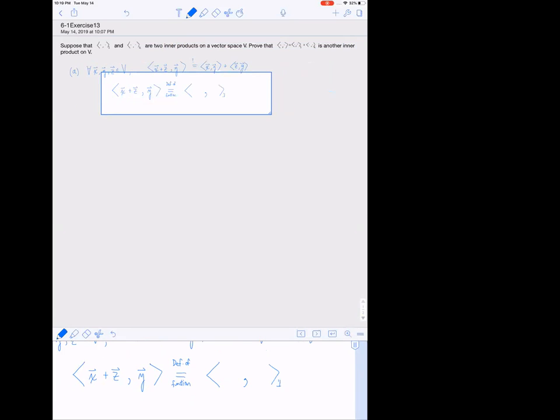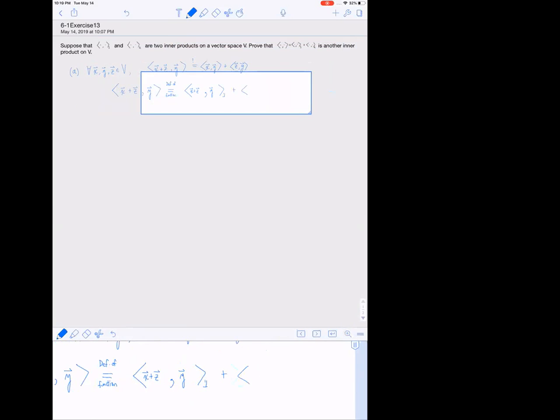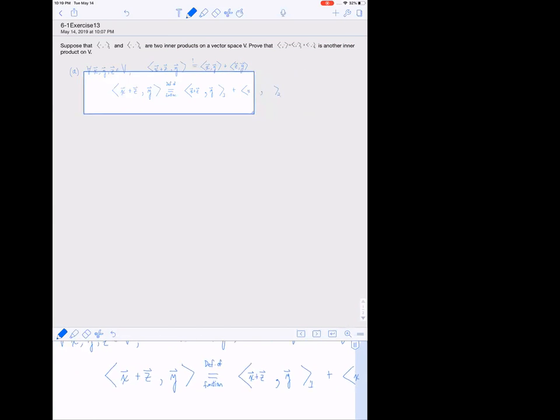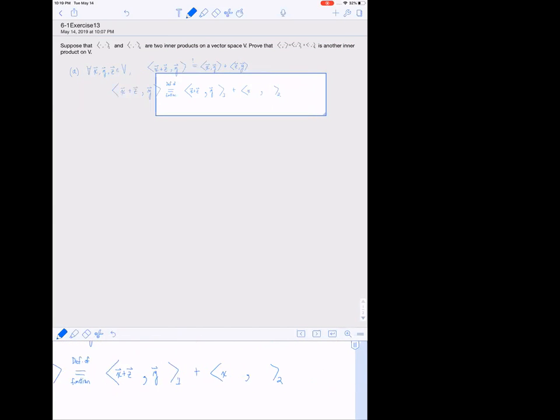I'm going to take the first entry, x plus z, and use it as the first entry of the inner product. And then the second entry, and I'll use that as the second entry of the inner product. And then I'm going to do the same thing with the inner product subscript 2. That is, I'm going to take the first input into this function, the brackets with no subscript, and I'm going to use that as the first entry.